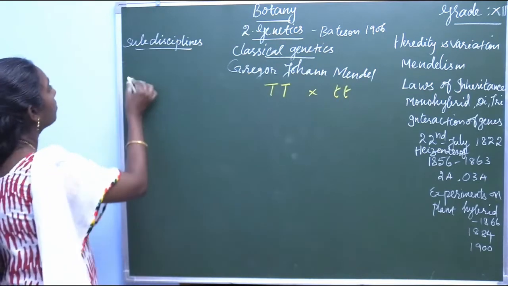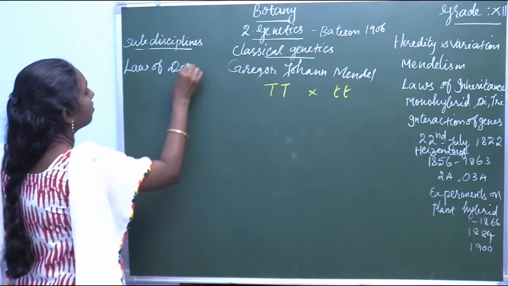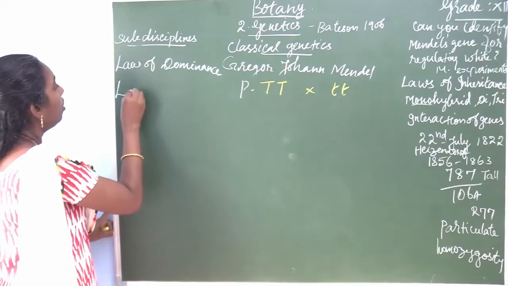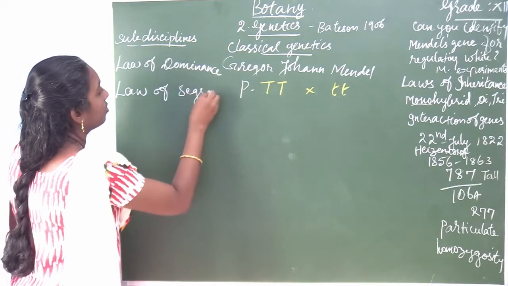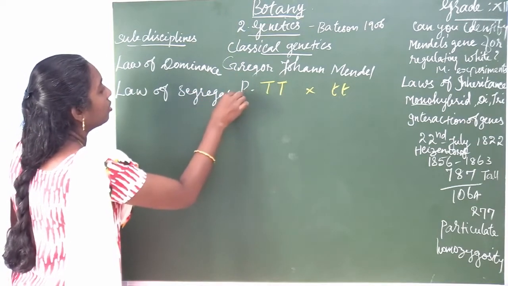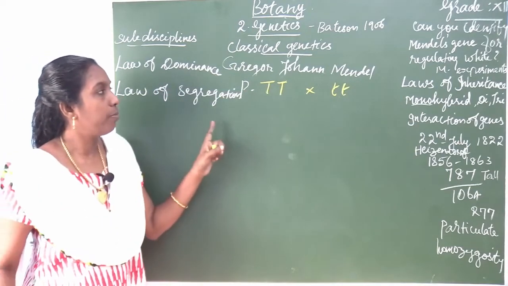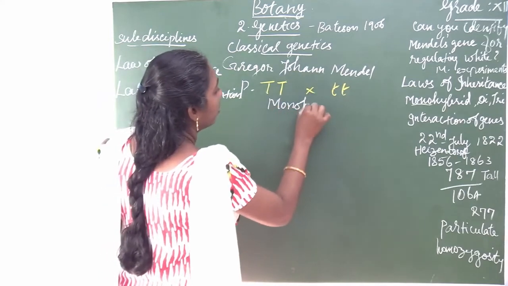They are called the law of dominance and the law of segregation. There are two different laws based on the monohybrid cross. Here the cross is monohybrid.